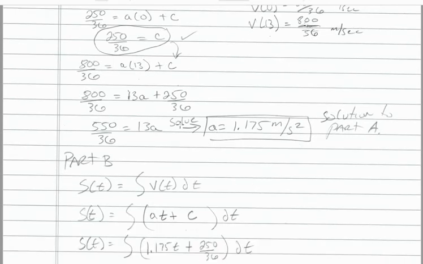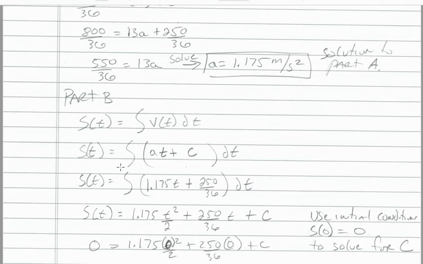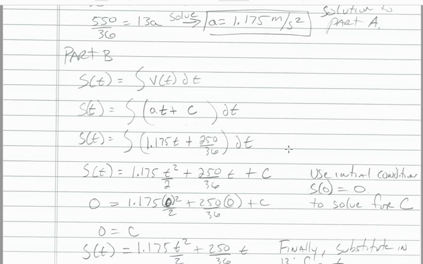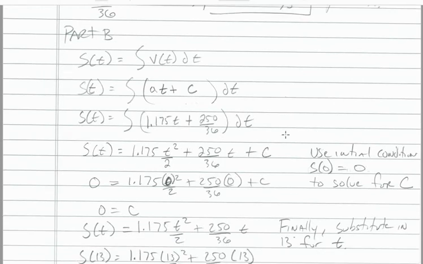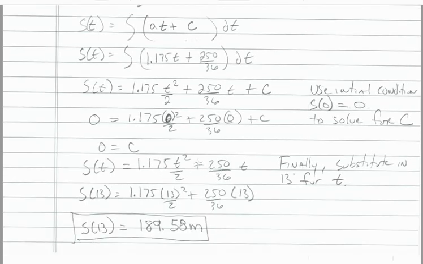Then we integrated our velocity equation, at plus c, using a and t, and found our position. Once we knew our position equation, we used our initial conditions to find our particular solution, and then we substituted in a time of 13 seconds to get our total distance.